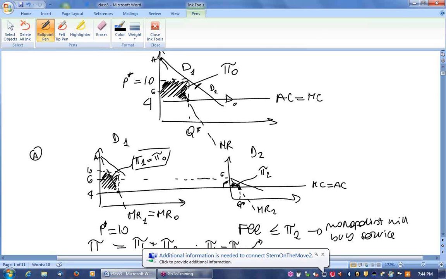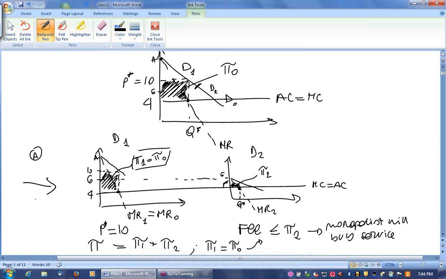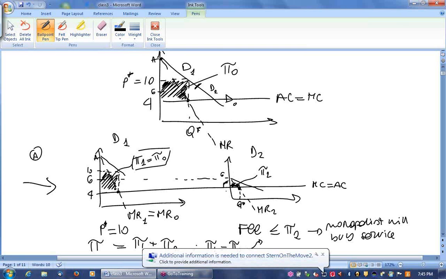So in the second case, if Pug splits the demand, he will earn pi 1 equal to pi 0 on demand curve 1, and it will charge a price of 10. For demand curve 2, it will charge a price that is between 6 and 4.